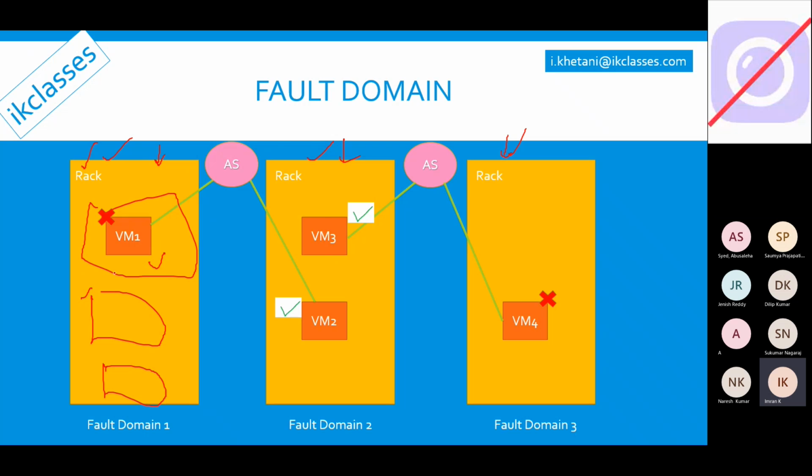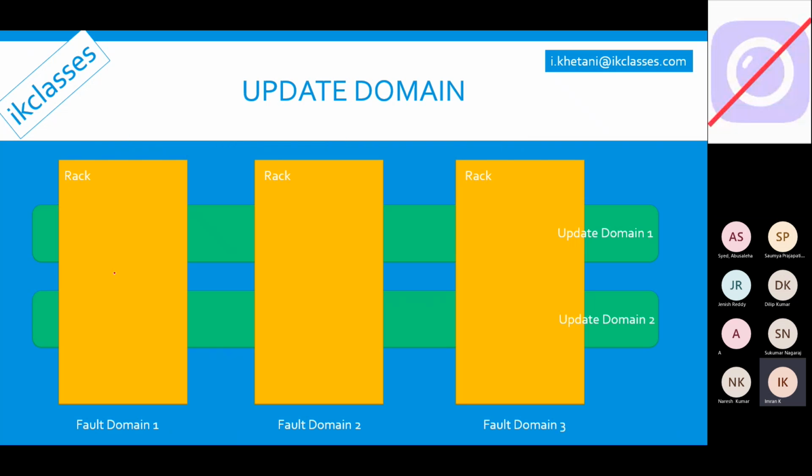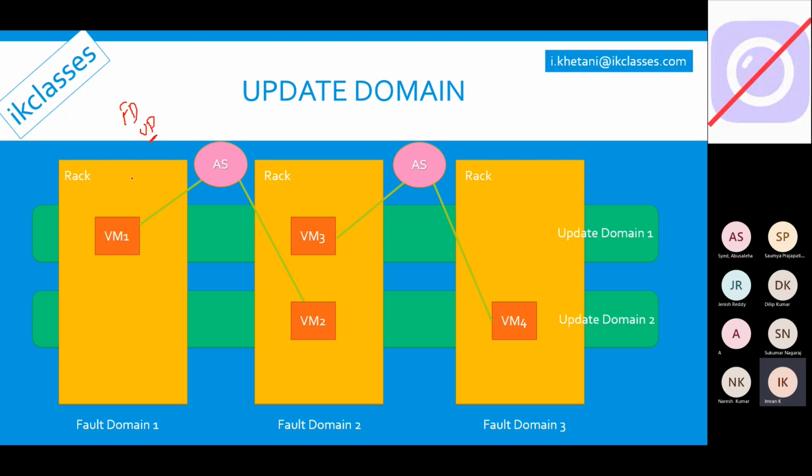So in that scenario, along with the fault domain, we also provide the number of update domains. Okay, so if you have provided fault domain and update domain, this is one update domain, this is another update domain. So Microsoft will make sure that they are patching only this hardware server, the first level of hardware servers.